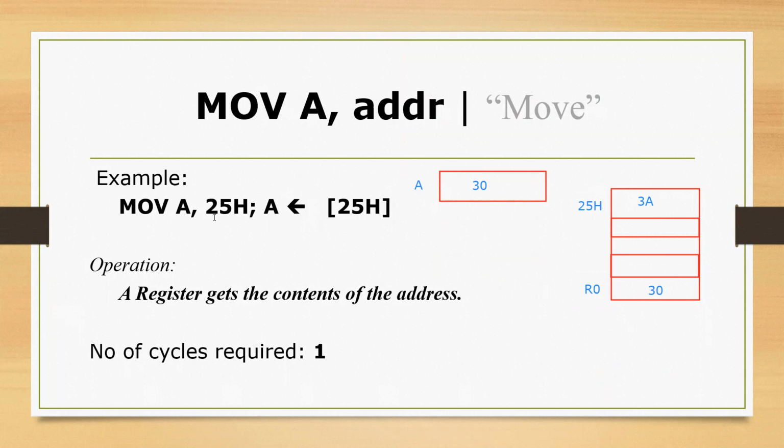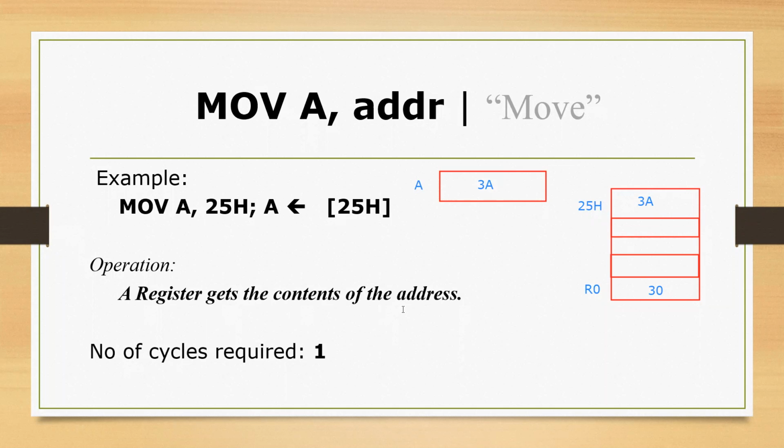Here, without hash, it means a memory location. So from the 25 hex memory location, the data will be copied to the A register. The content of the A register will be 3A.